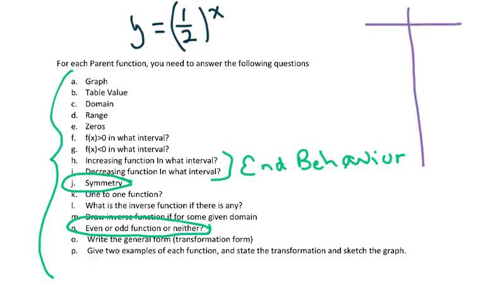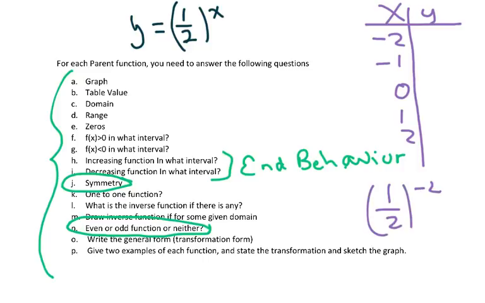And when I graph it, I'm going to go ahead and put -2, -1, 0, 1, 2. So basically 1/2 to the -2 is actually 2 squared, which is 4. All right?